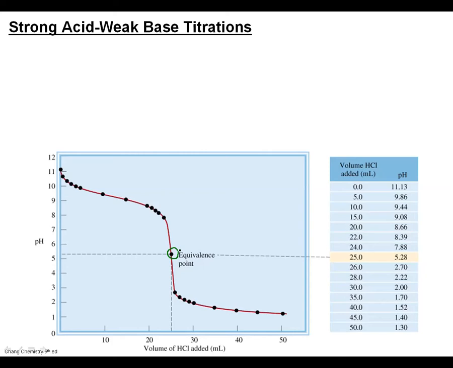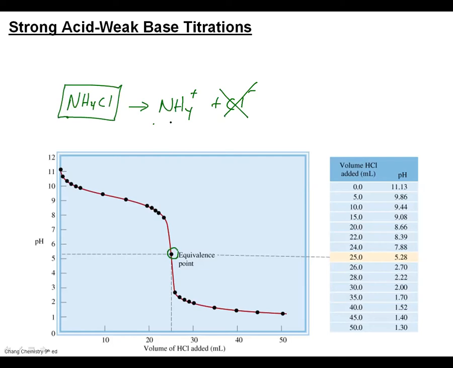So in all three of these titrations, once you reach the equivalence point, you technically are left with just a salt. But the difference is the salt that you would be left with, in the example that we did, I think was ammonium chloride. And when we look at this salt at the equivalence point, the chloride, which comes from HCl, will not go through hydrolysis because it's a neutral salt.